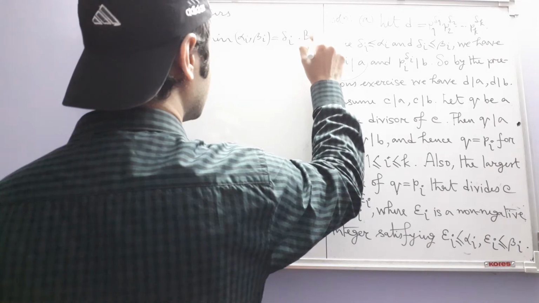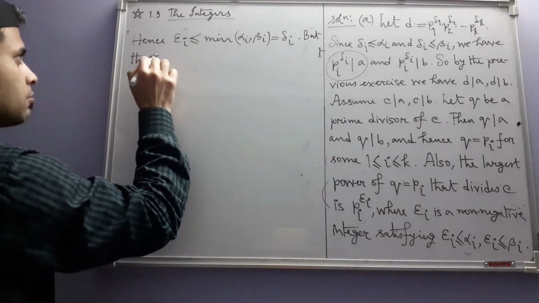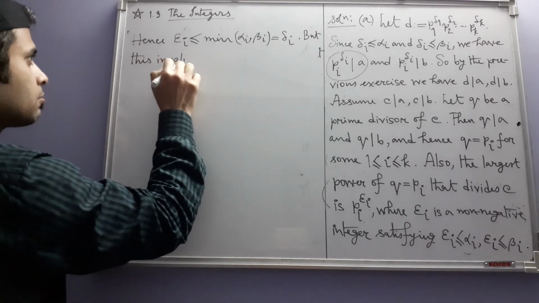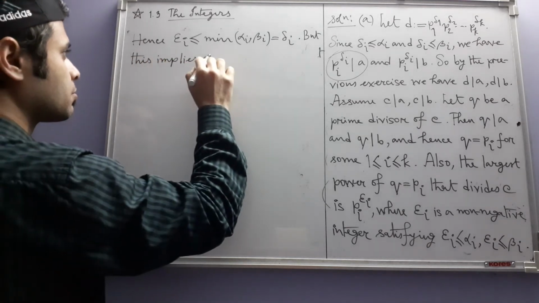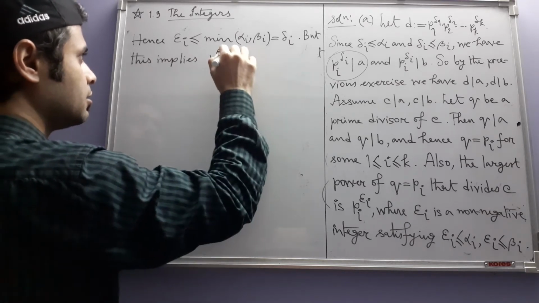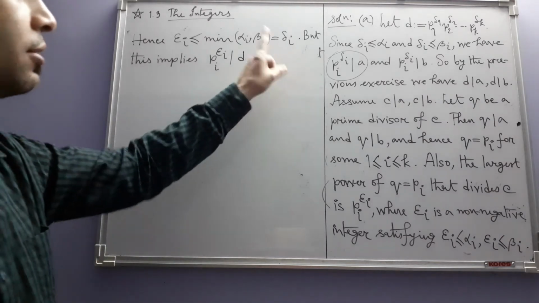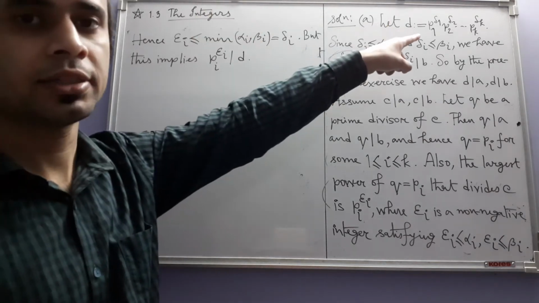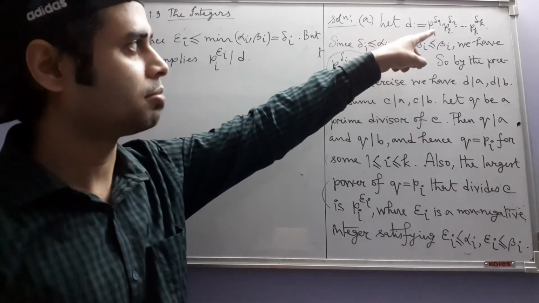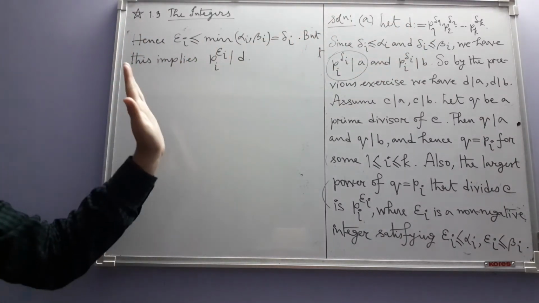But this implies Pi to the power epsilon I divides D. Why? Because Pi to the power delta I is the largest power of Pi appearing in the prime factorization of D. That's why Pi to the power epsilon I divides D.